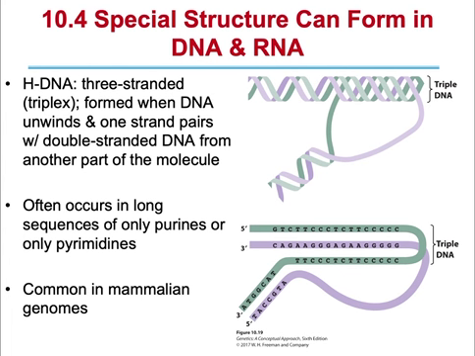Some triplexes consist of one strand of purines paired with two strands of pyrimidines. Other triplexes consist of one strand of pyrimidines with two strands of purines. Sequences capable of adopting hDNA conformations are common in mammalian genomes, and evidence suggests that hDNA occurs under natural conditions.